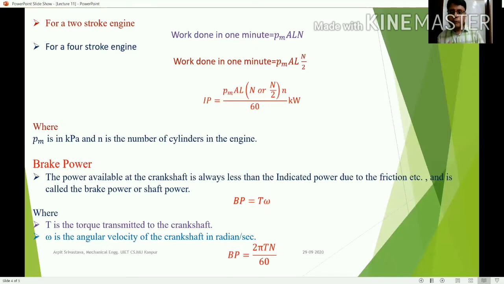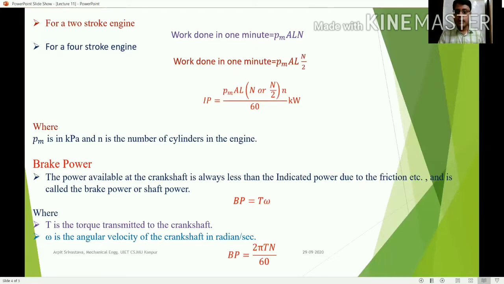If you want to calculate the power-producing revolutions in 1 minute, you have to divide this 500 by 2, because only in alternate revolutions of the crankshaft do you get power, completing the cycle.